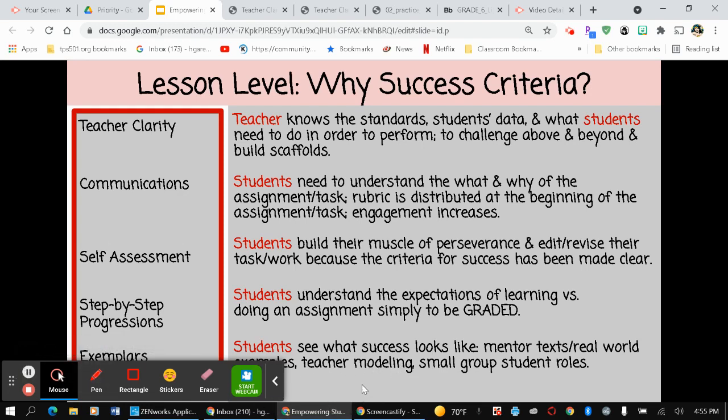Students see what success looks like not just through success criteria, but also by being given mentor texts, exemplars, real world examples, teacher modeling, small group, student roles, peer modeling.